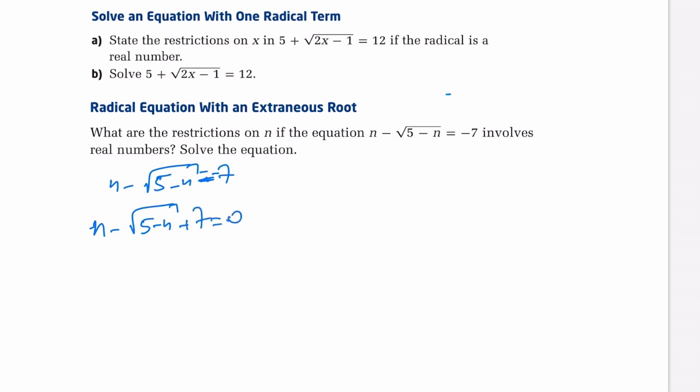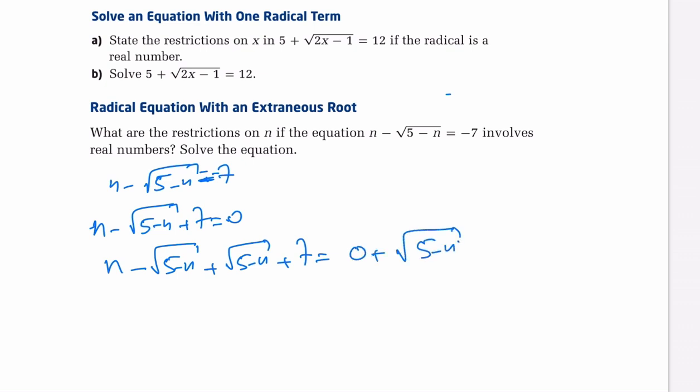And we will add plus square root of 5 minus n to both sides, so this will cancel out, and we will end up with n plus 7 is equal to square root of 5 minus n.